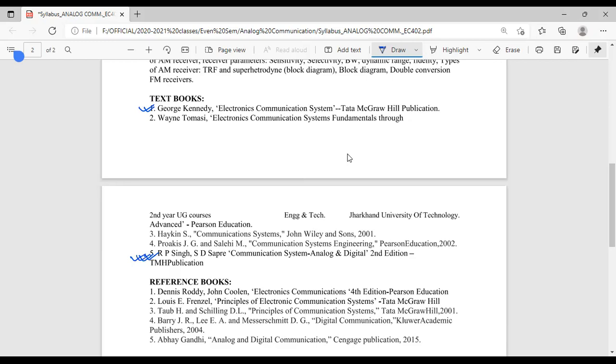Simon Haykin, Proakis and Kennedy, you can follow any of the books, but if you want to follow an Indian writer's book, then you can go for S.D. Sapre, R.P. Singh, as well as Sanjay Sharma.